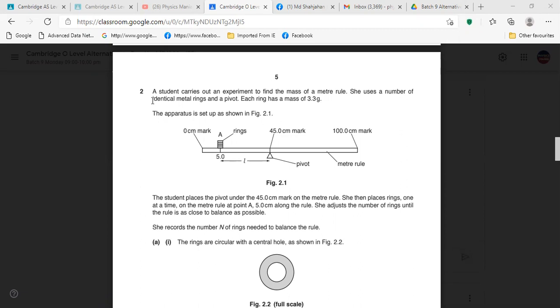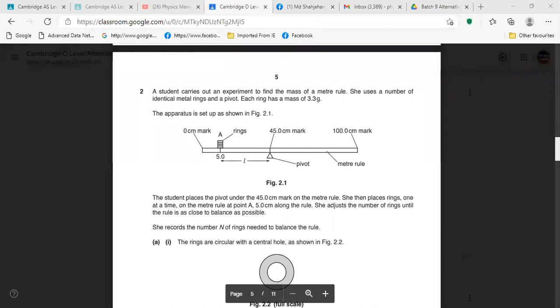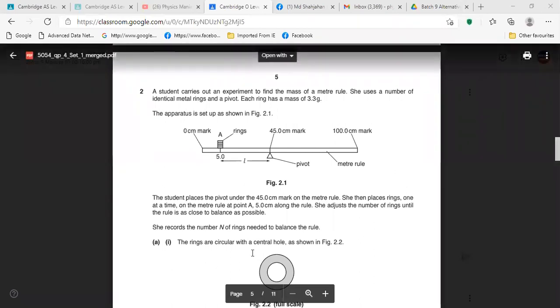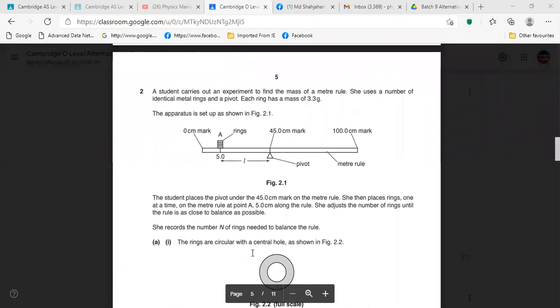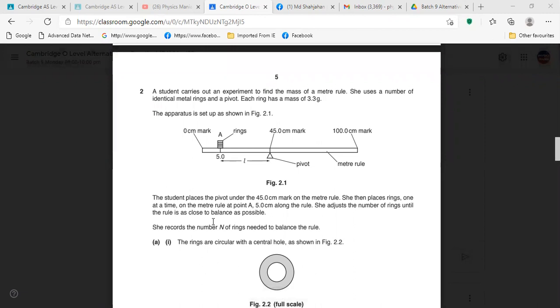Apparatus is set up as shown in figure 2.1. The student places a pivot under the 45 centimeter mark on the meter rule. She then places rings one at a time on the meter rule at the 0.5 centimeter mark along the rule. She adjusts the number of rings until the rule is as close to balance as possible. She records the number n of rings needed to balance the rule.